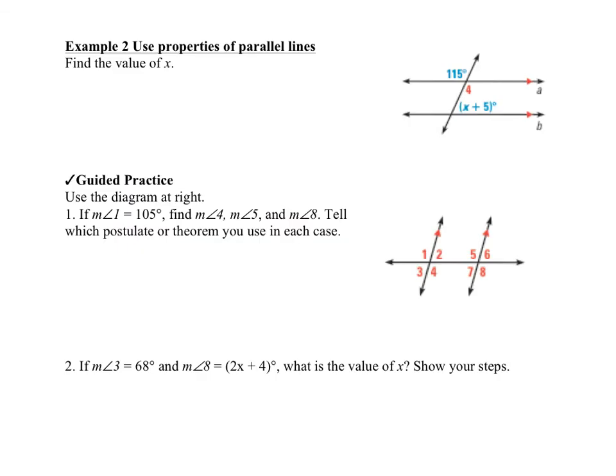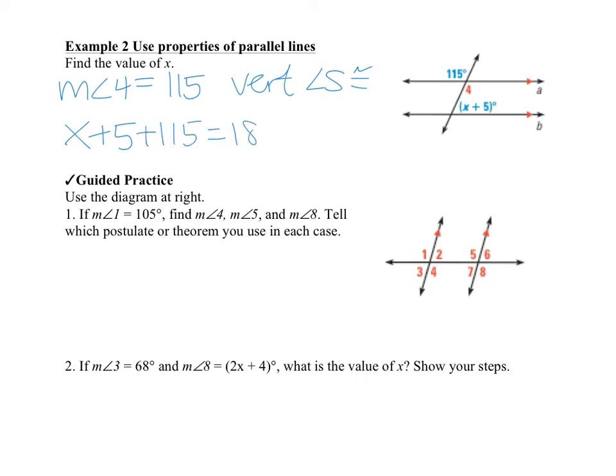So we're going to use those properties and find the value of x. Well, the first thing we can do is find the measure of angle 4, which is 115, because the vertical angle is congruent. And then we know that x plus 5 plus 115 equals 180.